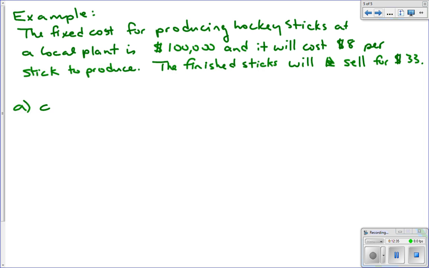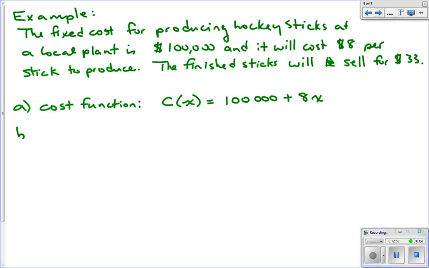Okay, so the cost function could be represented as C of X equals, and remember it's the fixed cost plus the cost to produce each unit times the number of units. And X represents the number of units, so it'll be 100,000 plus 8X.